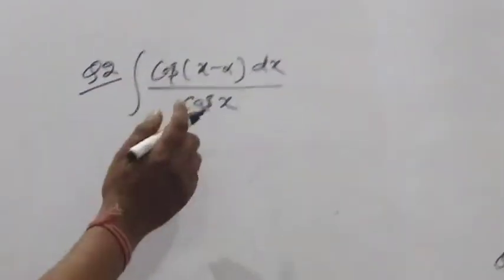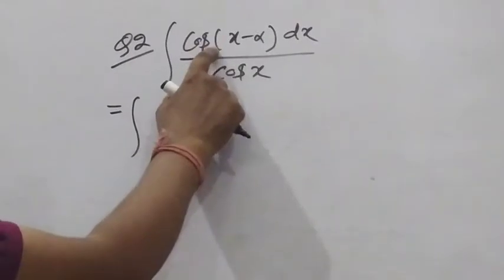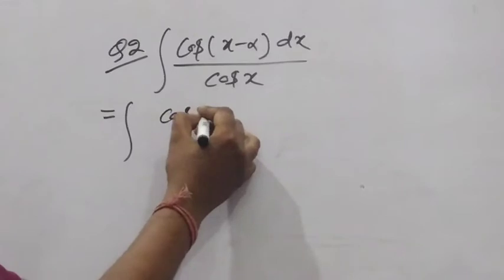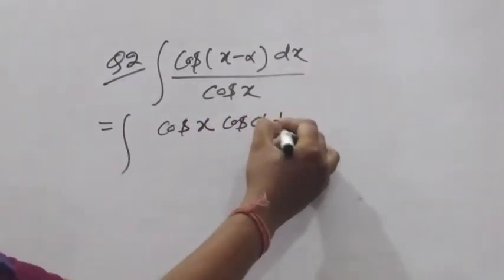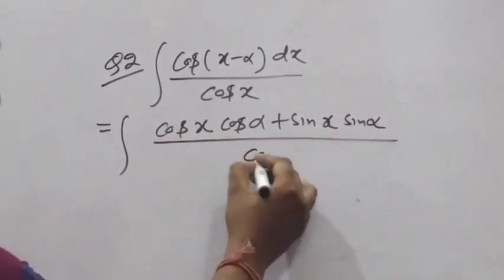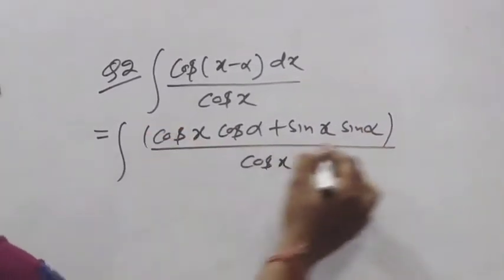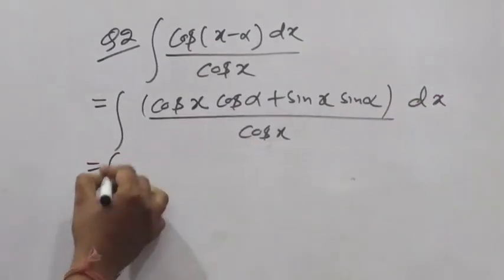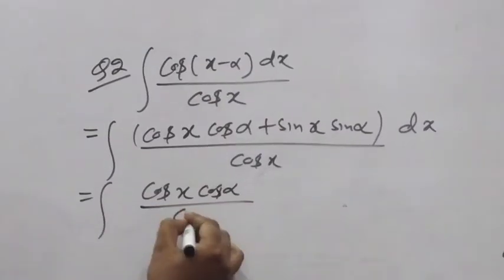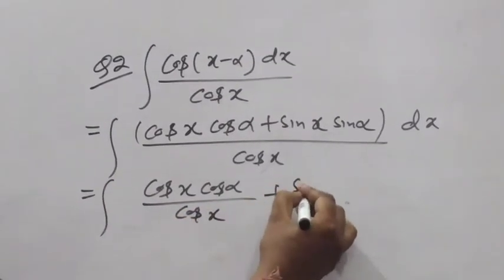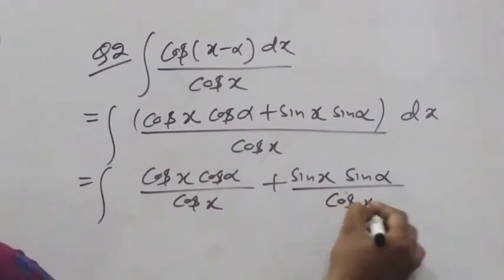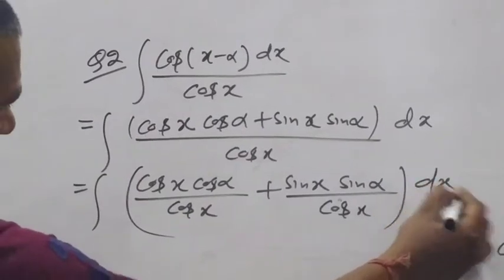Second question. Integration of cos of (x minus alpha) upon cos x dx. Cos of (a minus b) is equal to what? Cos a cos b plus sin a sin b. So here, upon cos x, and here dx. Clear? Now cos x cos alpha upon cos x, plus sin x sin alpha upon cos x, and here dx.